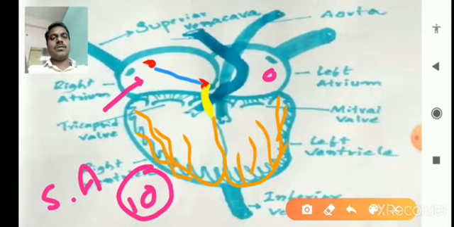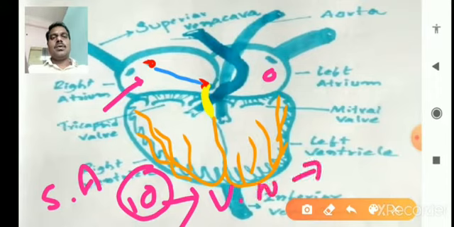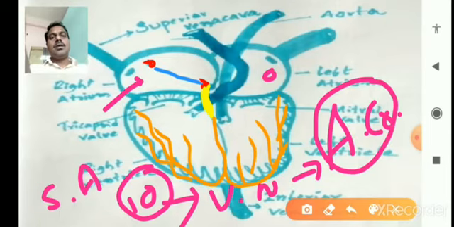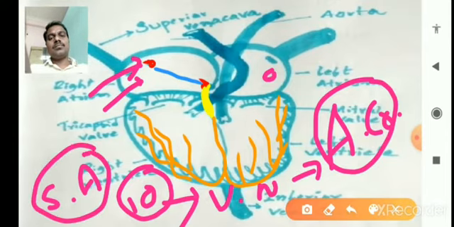Why? Because the 10th vagus nerve releases a substance that we call acetylcholine. This acetylcholine inhibits the activation of the SA node, so it does not accelerate the action of the SA node.